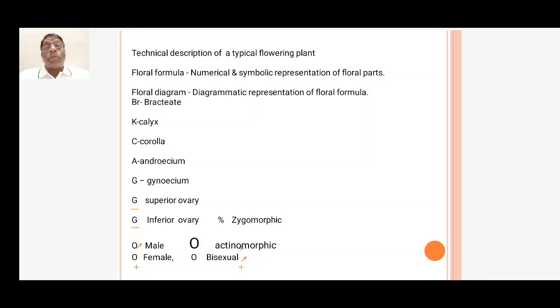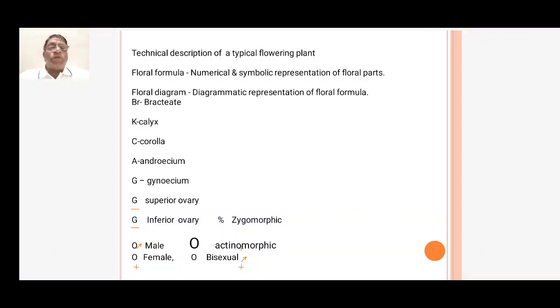Whether the leaves are simple or compound, stipulate or exstipulate. Under compound, which type of compound leaves? What is the shape of the leaf? What about the margin of the leaf? The surface of the leaf? The apex of the leaf? Like that. Phyllotaxy we study. That's all about vegetative characters.